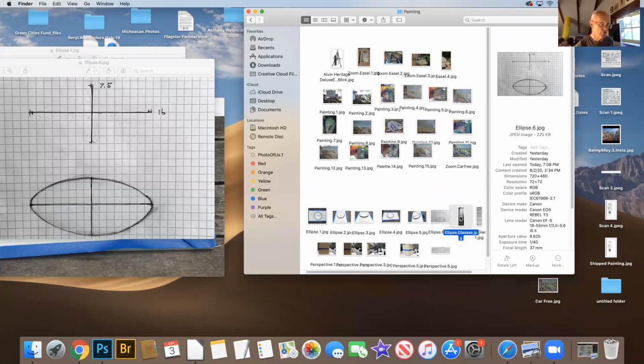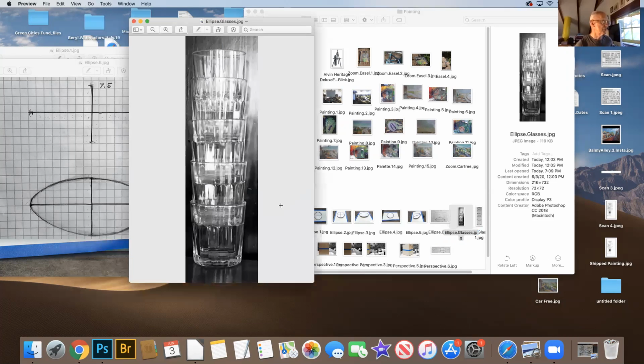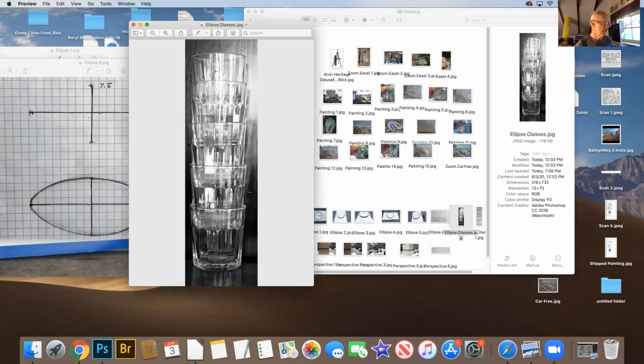But because this concept is very hard for people to grasp, I thought I would do this. We're looking at a bunch of glasses, one inside the other. And notice that the circular elements in the glasses, the circle is steepest here, gets narrower till when we reach eye level, the bottom of this glass inside the other one is a straight line.